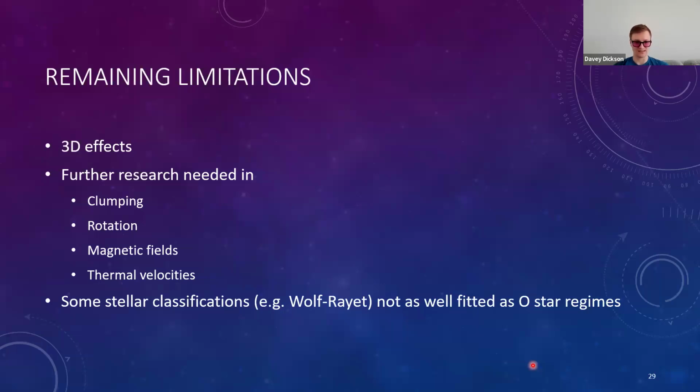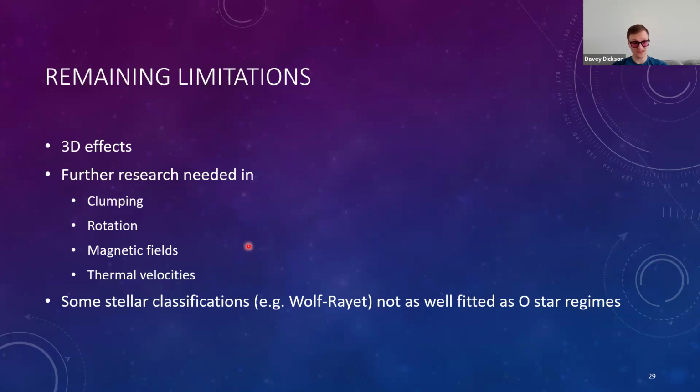There's a number of 3D effects that have not yet been modeled into these self-consistently, which could be very helpful to 3D or 2D simulations that want to use these self-consistently as well. And while there has been work in clumping, rotation, and magnetic fields, there's still a lot of work to be done in building on those to give a better fit to what we're observing.